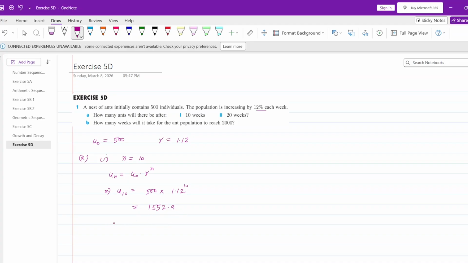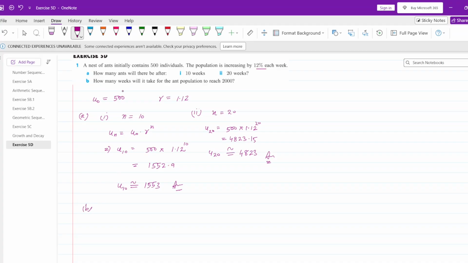So after 10 weeks, the population is going to be approximately equal to 1553. After 20 weeks, that means n equals 20. So u20 is going to be 500 times 1.12 raised to the power 20, 4823.15. Or simply we can say u20 is approximately equal to 4823. That's the answer.